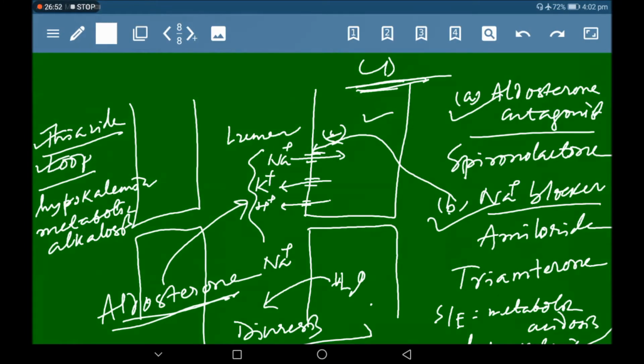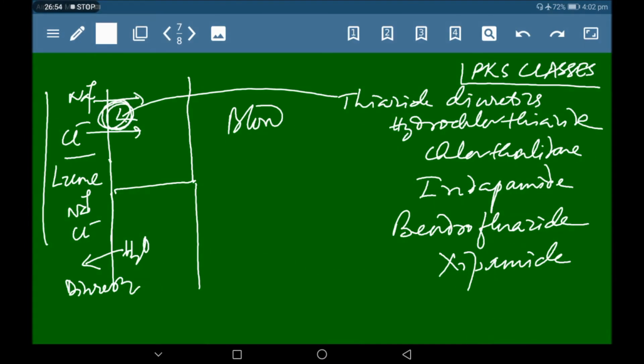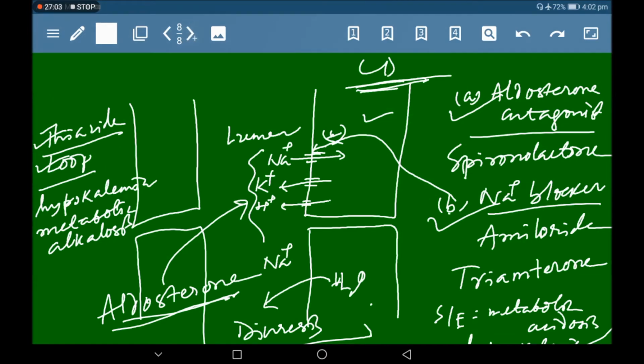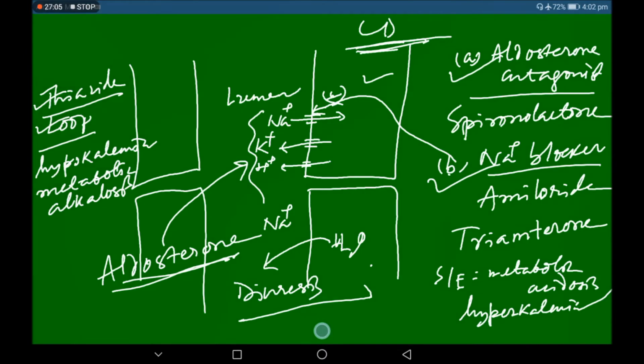So you can see, the thiazide diuretics inhibit the reabsorption of sodium and chloride. So this sodium will try to get absorbed in the collecting duct. When the sodium is reabsorbed in the collecting duct, there will be loss of potassium and hydrogen.